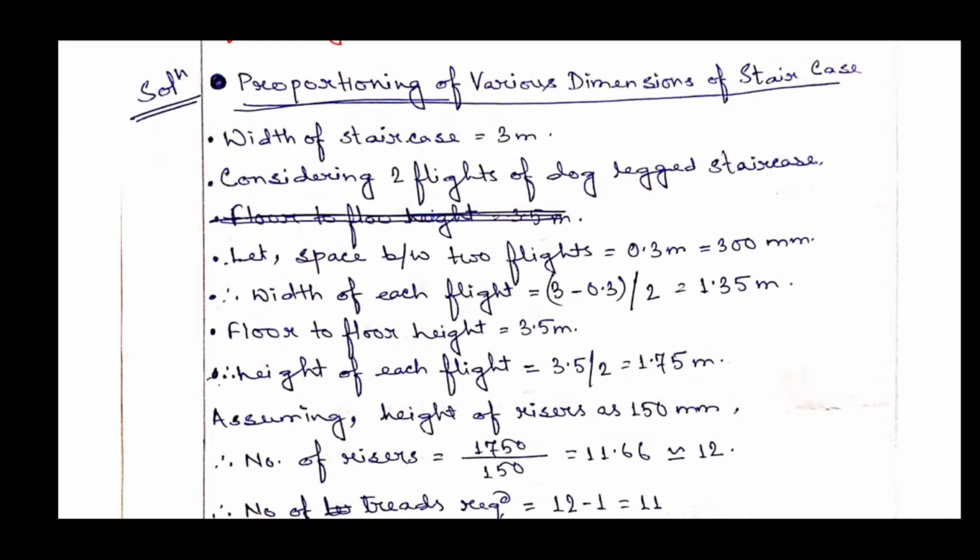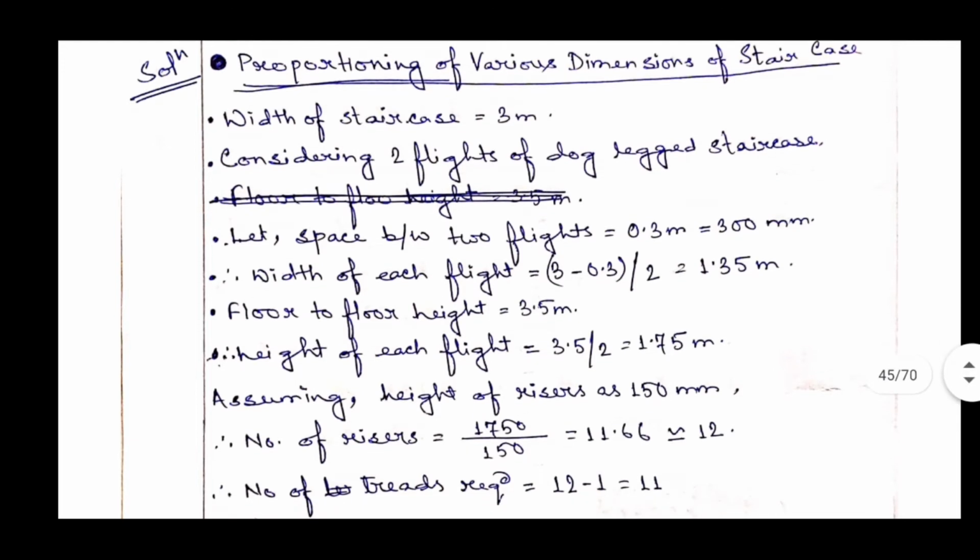Now assuming the height of riser as 150 mm, which is comfortable for an office building which is overcrowded, the number of risers will be the height of the flight divided by the riser height, that is 1750 mm by 150 mm, which equals 11.66, or we may write 12. So we have to provide 12 risers.